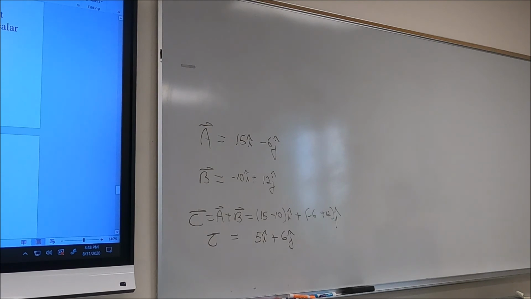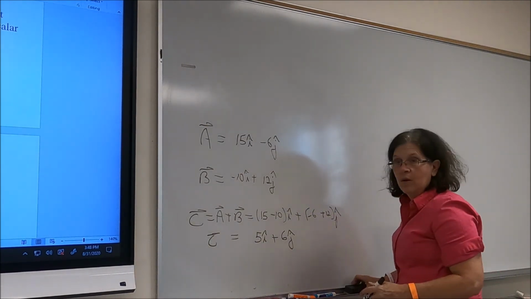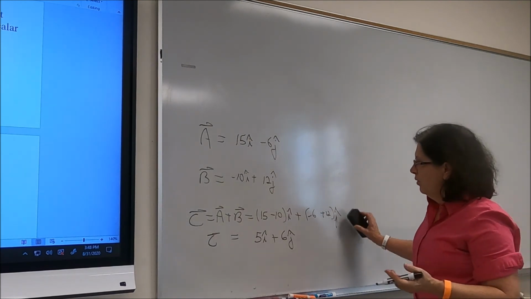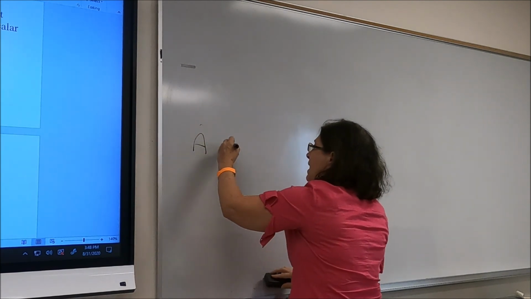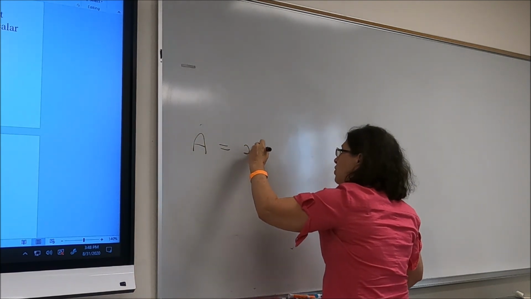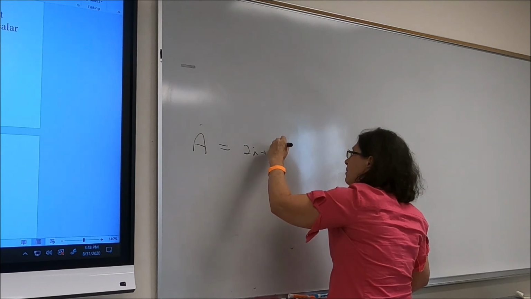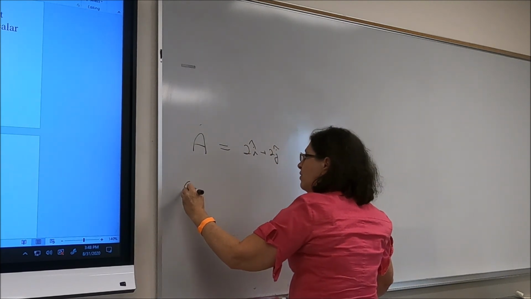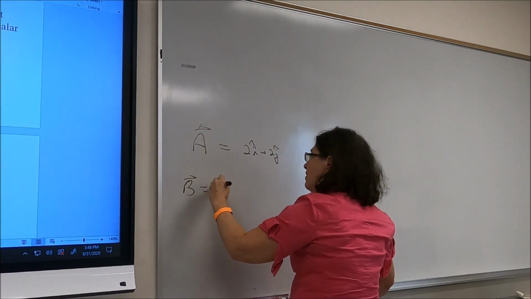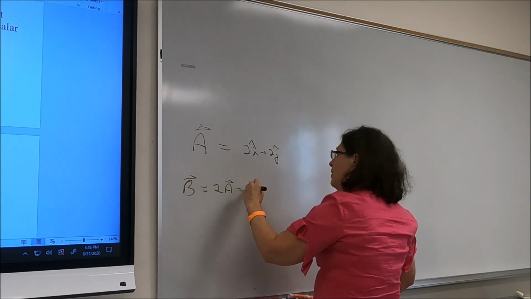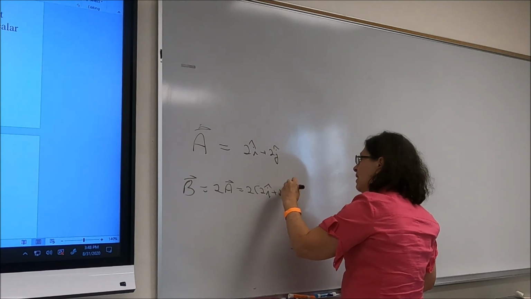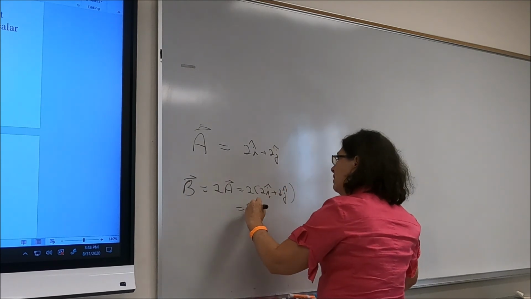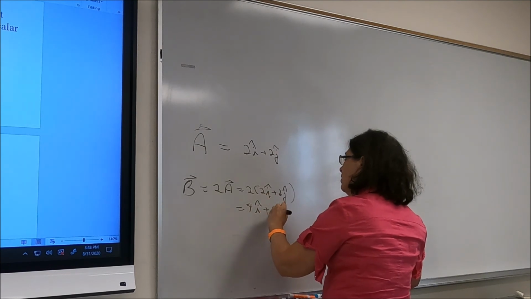Now, remember when we multiply a vector by a scalar, we just change the magnitude. So if I had my vector A equal to 2I plus 2J, and vector B was equal to 2A, then it would just be 2 times 2I plus 2J, or 4I plus 4J.